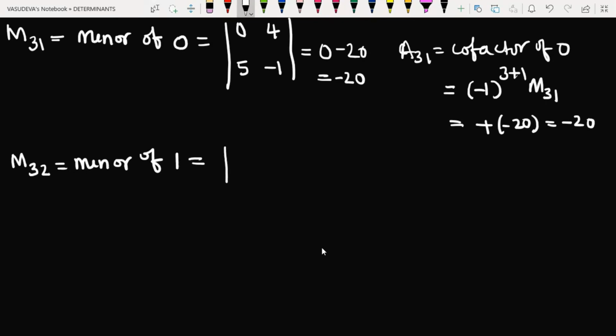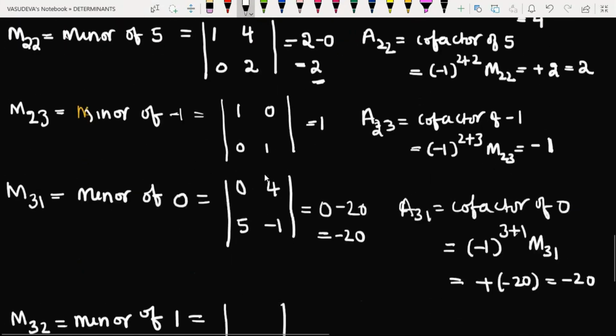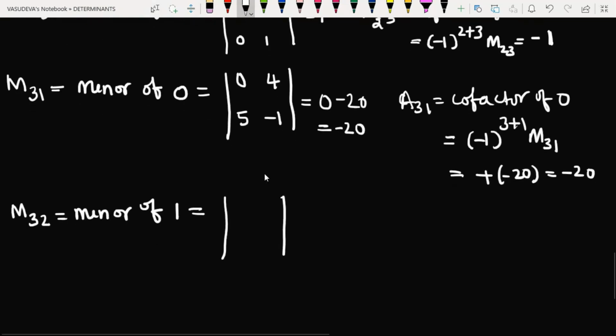So that is the determinant of the remaining elements, 1, 4, 3, minus 1. Taking the expansion of the determinant, 1 into minus 1 is minus 1, minus 3 into 4 is 12, so it is minus 13.